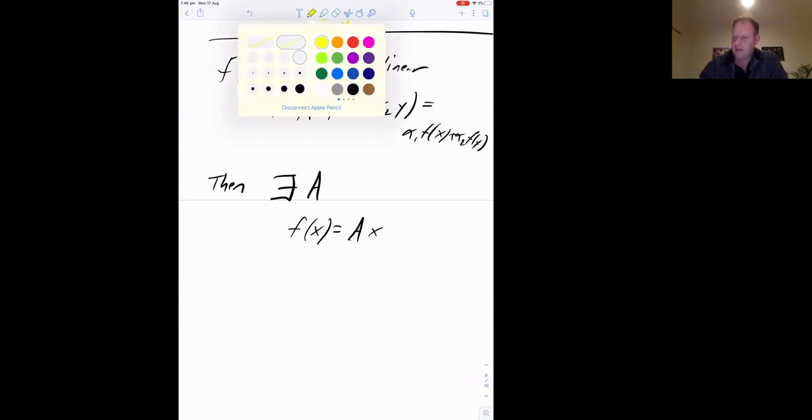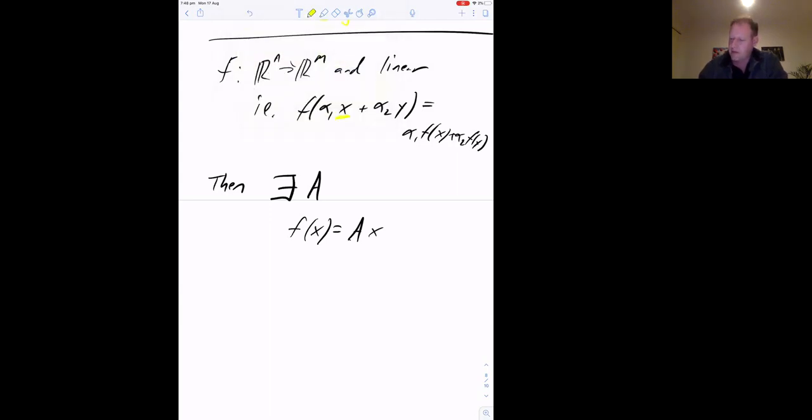Before that, just a few things. What is the dimension of x and y? They're vectors in what space and how many coordinates do they have? N. Okay, so these are n-dimensional.